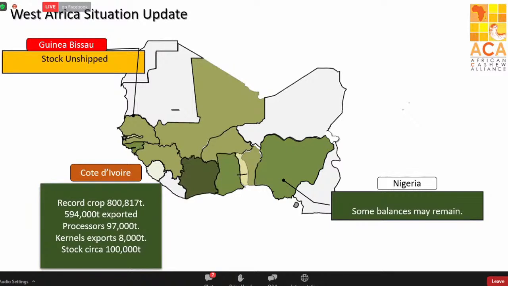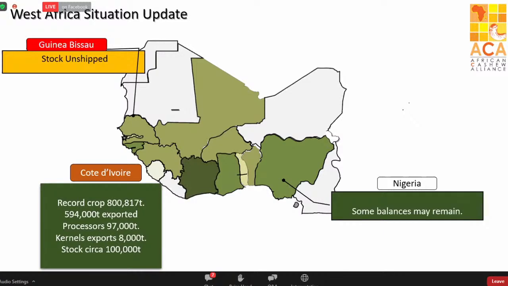I think there is stock with processors which could possibly be resold as RCN, because clearly you can see what's reported as purchased by processors. This 97,000 tons doesn't really correlate with the exports of cashew kernels. That would suggest there's 60,000 tons of stock with processors, to bring them through until the new crop in February, March, which seems a little bit excessive. So it'll be interesting to see how that transpires.